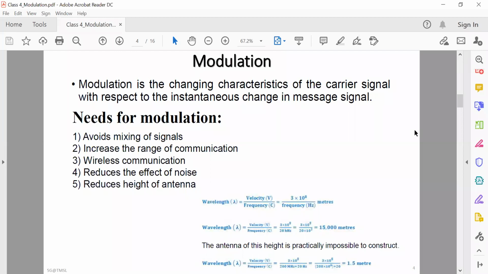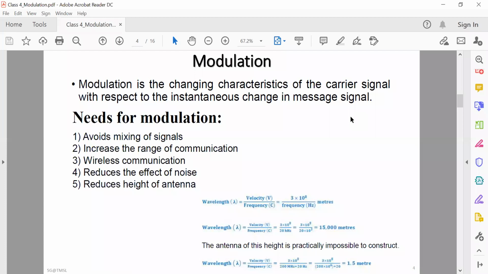So why do we need this modulation? There are certain reasons. The first one is to avoid mixing of signals.